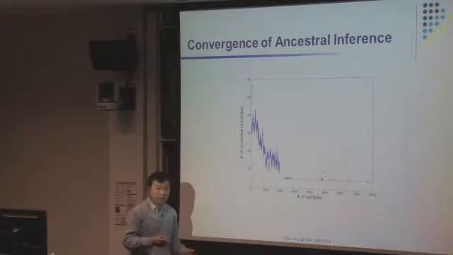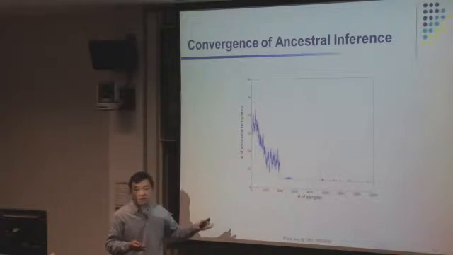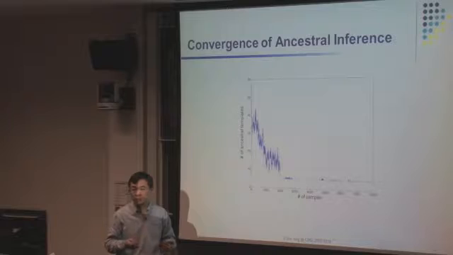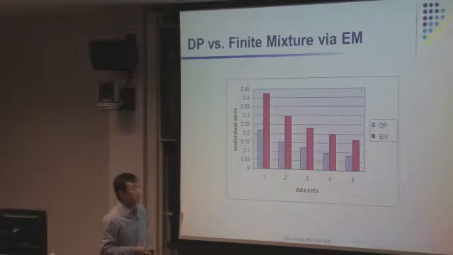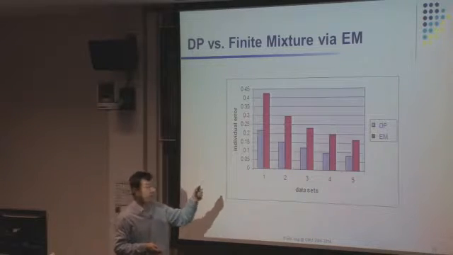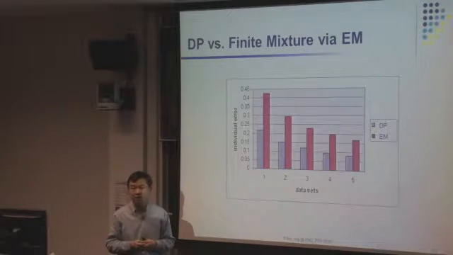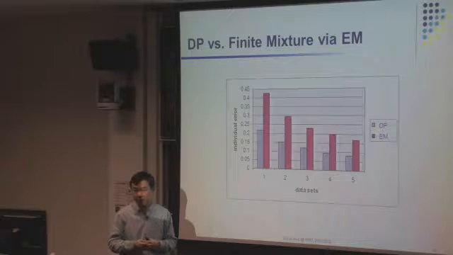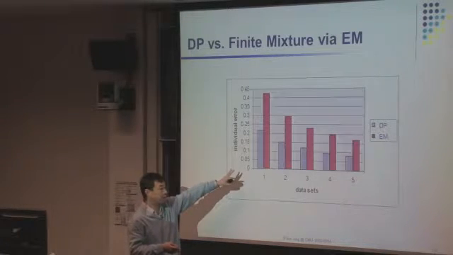Again, this is of course not equivalent to the ground truth. But remember, in our haplotype problem, we do have the ground truth for a few benchmark data sets. And we can actually compare the estimated haplotypes with the true haplotypes that you acquired at a greater expense. And here is a comparison.